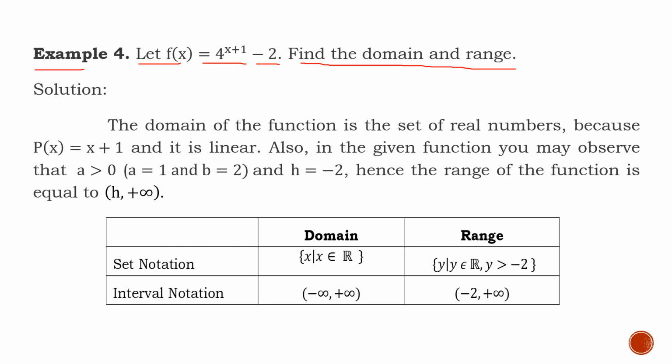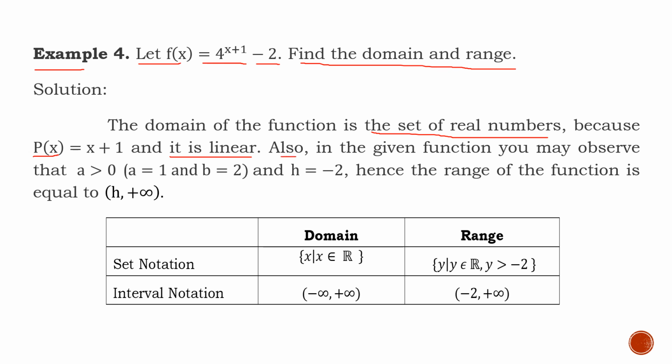The domain of the function is the set of real numbers because p of x, or the function p with respect to x, is equal to x plus 1, and it is linear. That's why you really need to check if the exponent is a linear function.